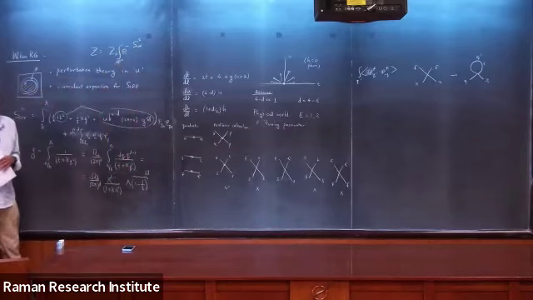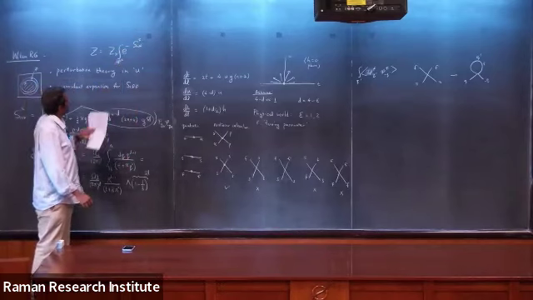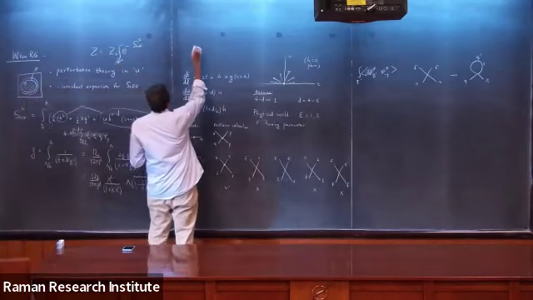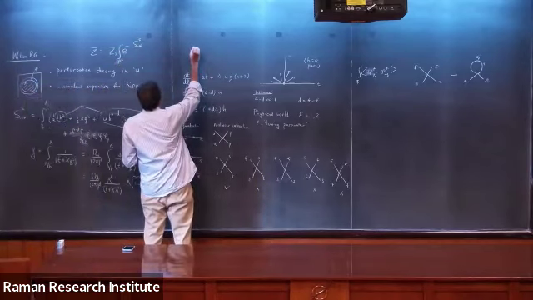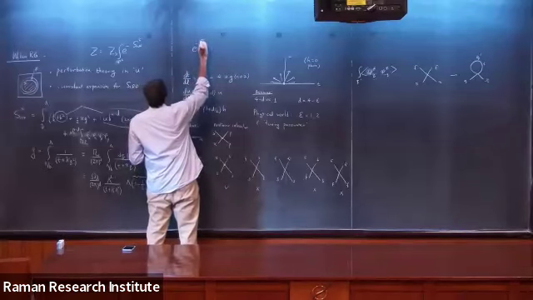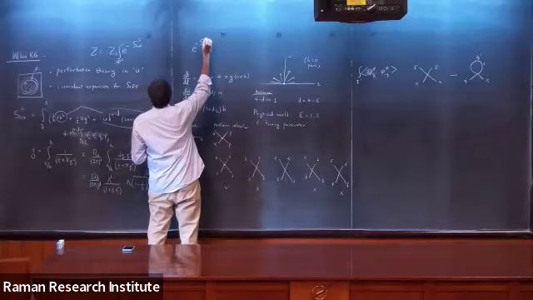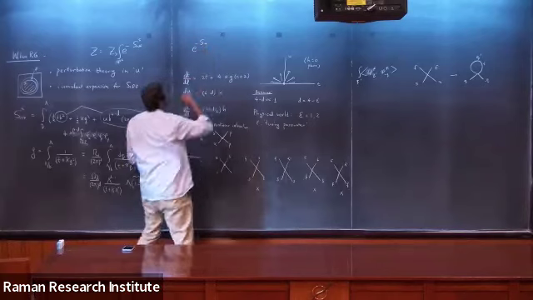So what we did last time was to say that my action was e to the minus S u.